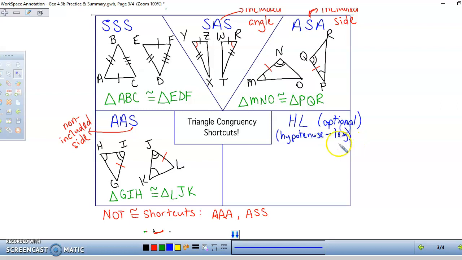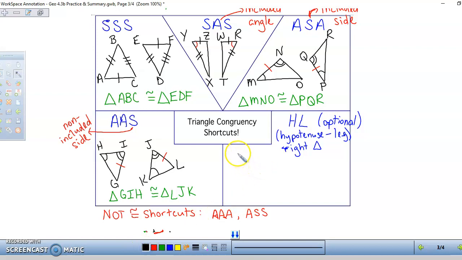That word hypotenuse really only works if you have a right triangle. So you always need 3 pieces of information: a right triangle, and then the hypotenuse congruent, and a leg congruent. With those 3 pieces of information, you can prove the triangles congruent.